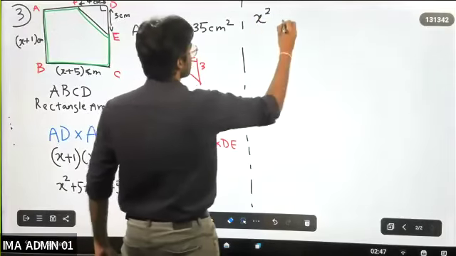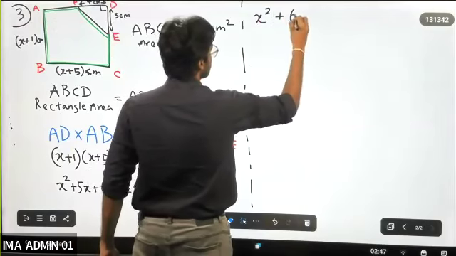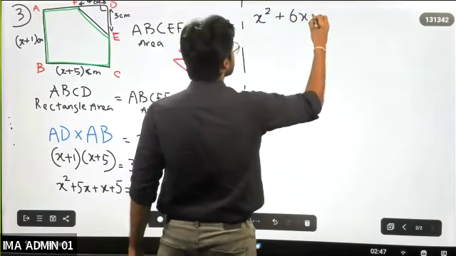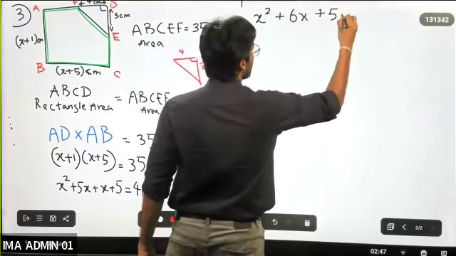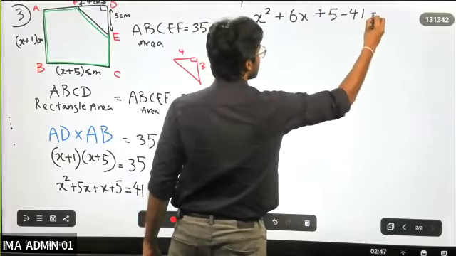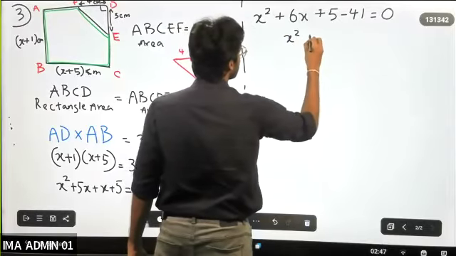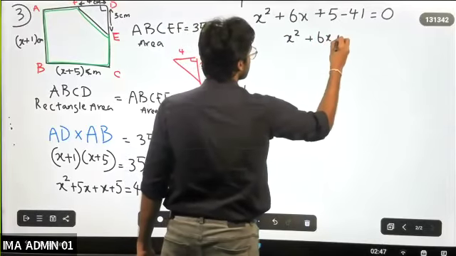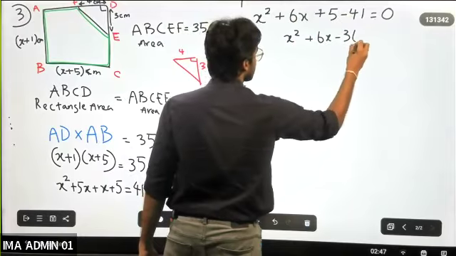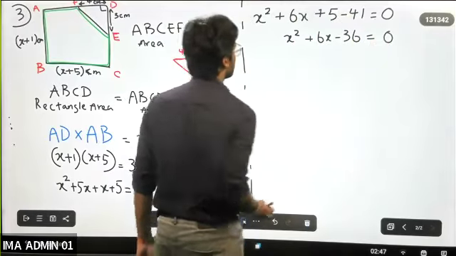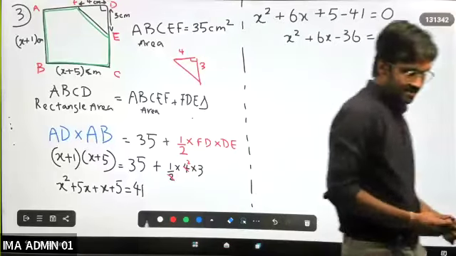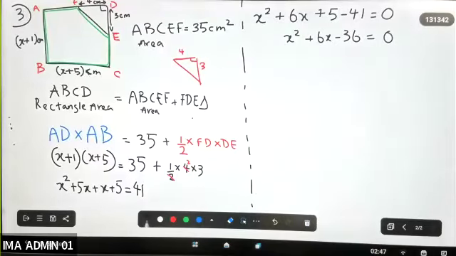So 5x plus x is 6x, and we get plus 5 minus 41, which means x squared plus 6x minus 36 equals to 0. That's the desired result, right? That's the thing we have to simplify. So simple once you found out this.